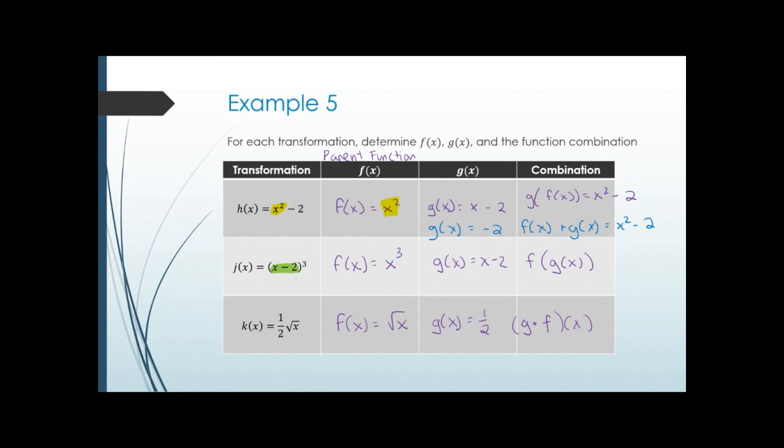For j of x, you want to recognize that you've got, okay, something cubed, and then I plugged something into that, and that was a left or right shift. And then k of x, my basic function was the square root of x, then I multiplied that one by 1/2. So it's all about understanding what the parent functions are and then looking to see what you did to them to see the transformation.